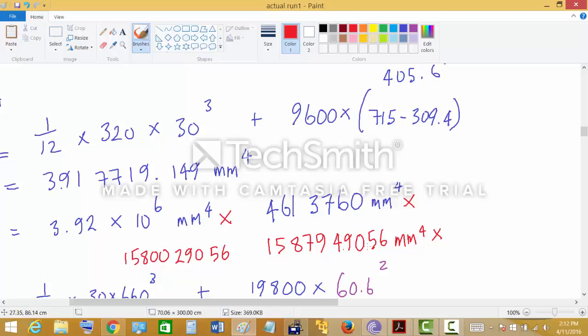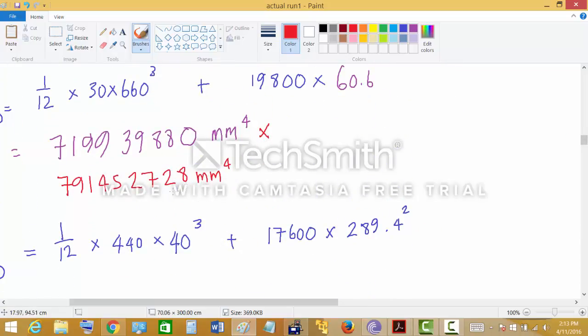That's it. 1, 2, 3, 4, 5, 6, 7, 8, 9, 10. So that's wrong there, that's the right answer there. It's 1, 2, 3, 4, 5, 6, 7, 8, 9. It should be bigger.